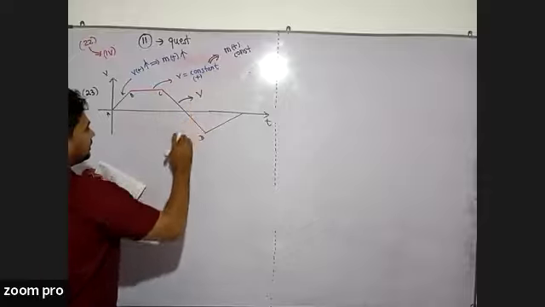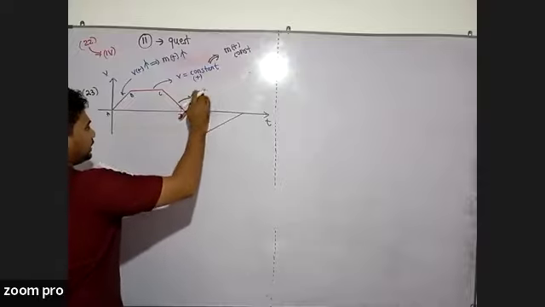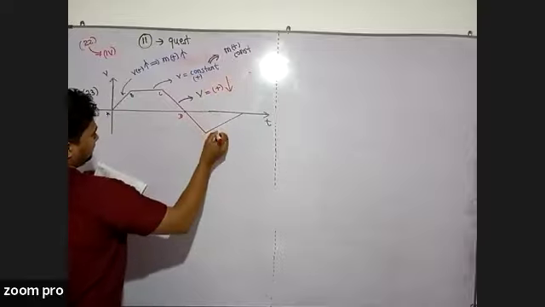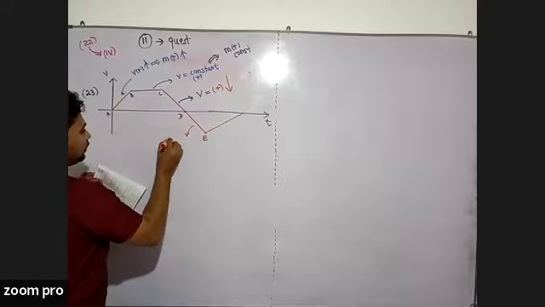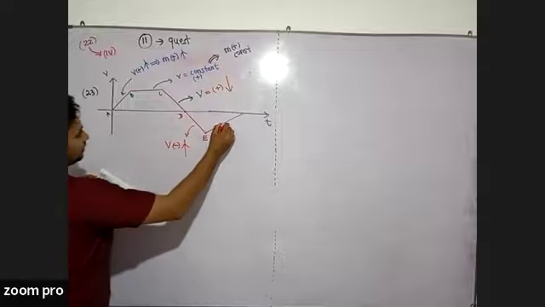The velocity, right. So I will consider this point as D. From C to D, velocity is positively decreasing. And from D to E, velocity is negatively increasing.